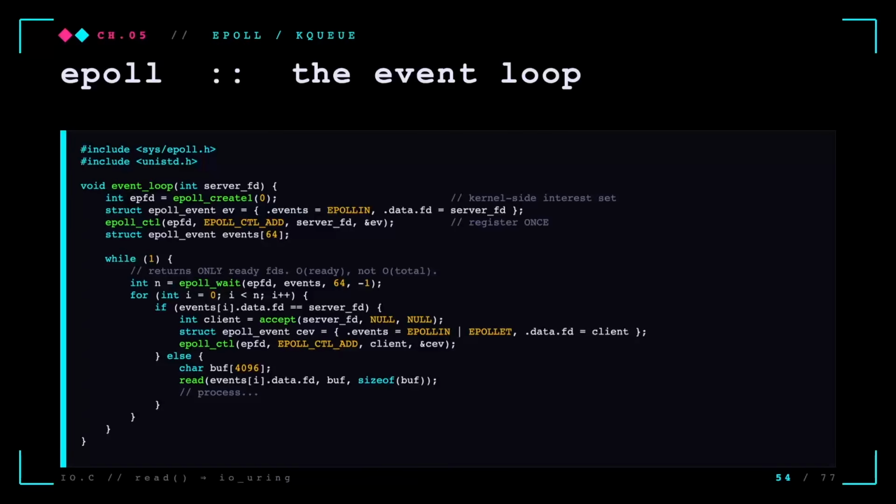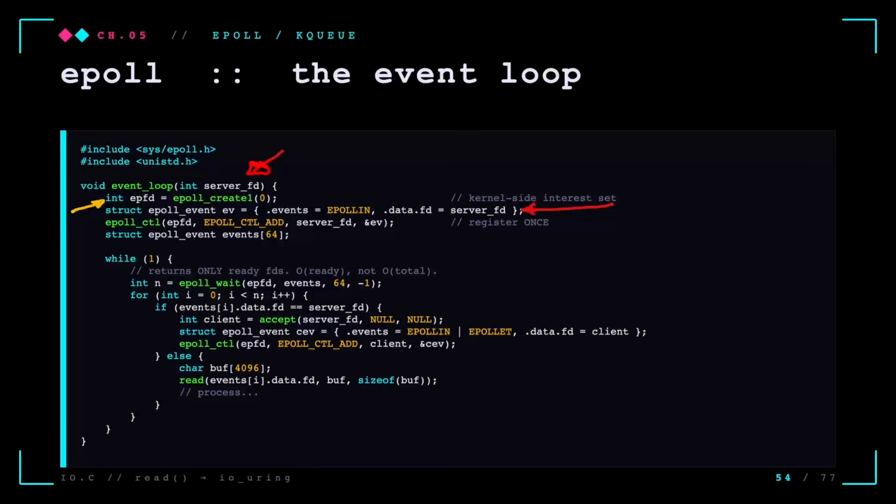So let's look at an example. We're starting this time our event loop with the server as our parameter. And what we're going to do is create our epoll event, right? First of all, we have to create the kernel-side interest set.